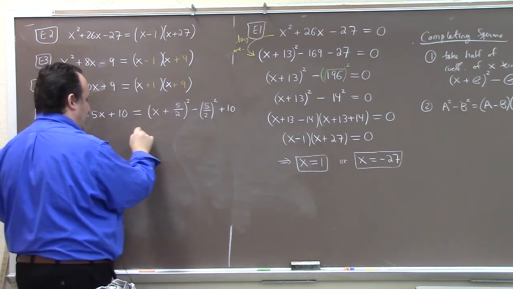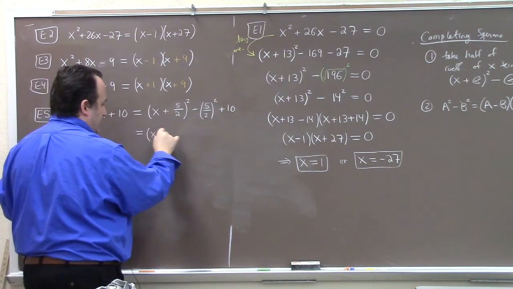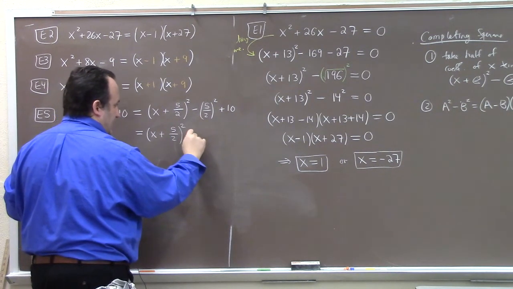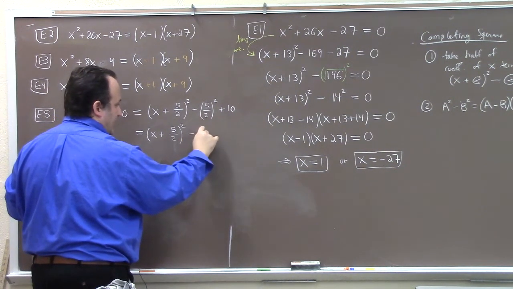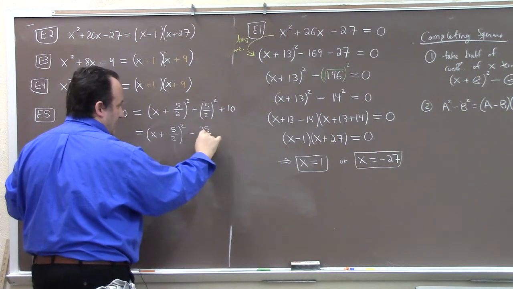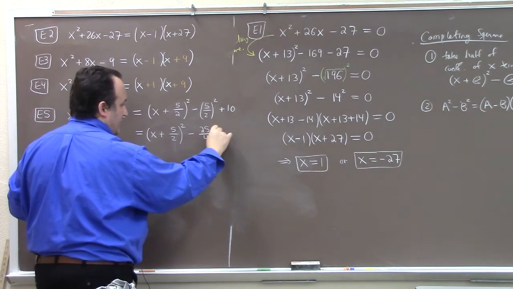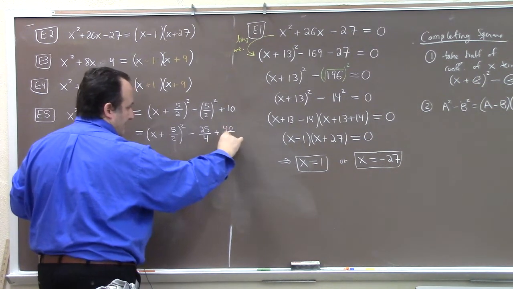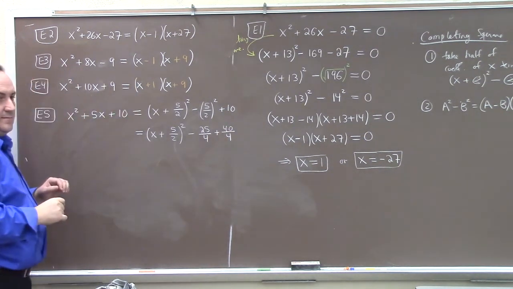Now I'm gonna rewrite this one more time just to make the fraction stuff easier. So this is minus 25 over 4, and that's 40 over 4, right? 10 is 40 over 4.